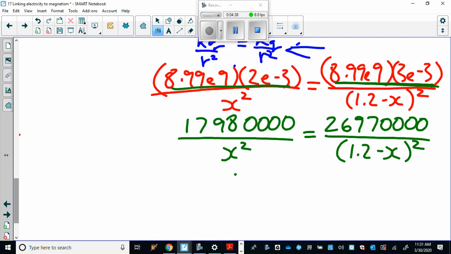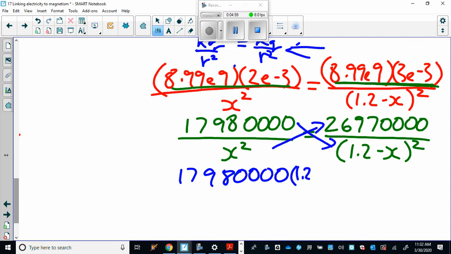What we're going to do now is cross multiply to solve for x. And when you cross multiply, you are going to get 1,798,000 times (1.2 minus x) all squared equals 2,697,000 x squared.